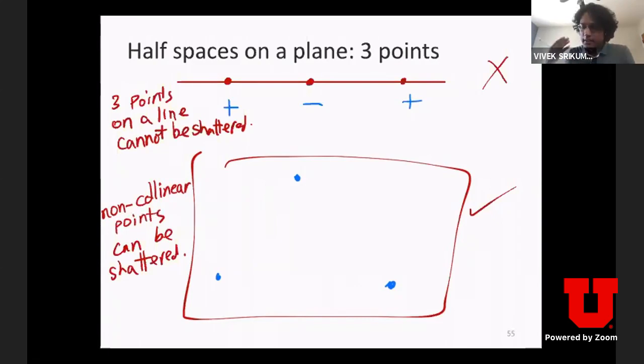So there is some set of 3 points that can be shattered, namely non-collinear points, and there are some sets of 3 points that cannot be shattered. Well, this is just a fact of life. There's a comment. There seems to be a relationship between the number of points that can be shattered and the degree of the classification function, or the degree of the polynomial. Instead of a line, if you use a quadratic function, it can be shattered.